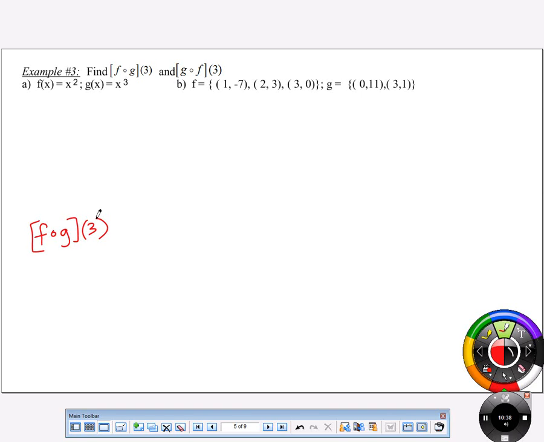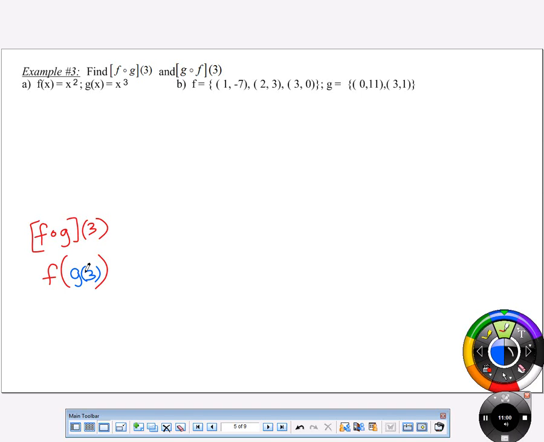So F of G of 3 means the same thing as this if you don't like that notation. It means F is the last thing you're going to plug into. And being plugged into F is this thing, G of, and instead of saying X, like the whole G function, they actually told you a number they want to plug in for G.